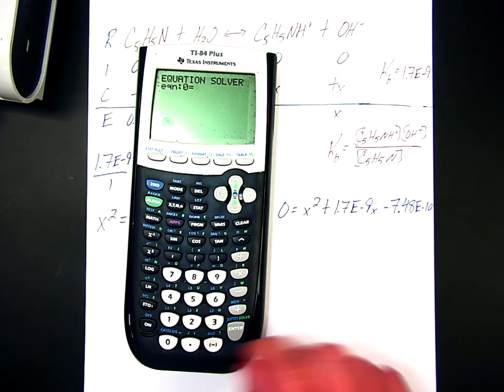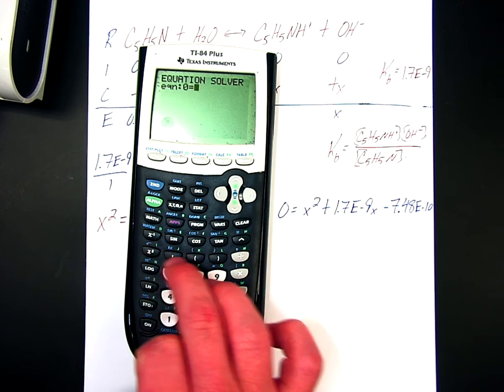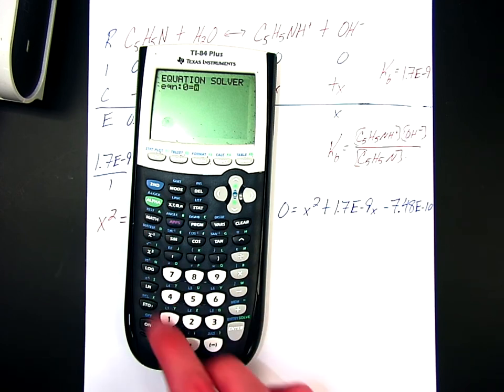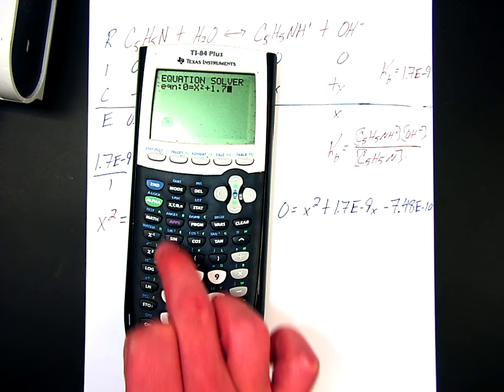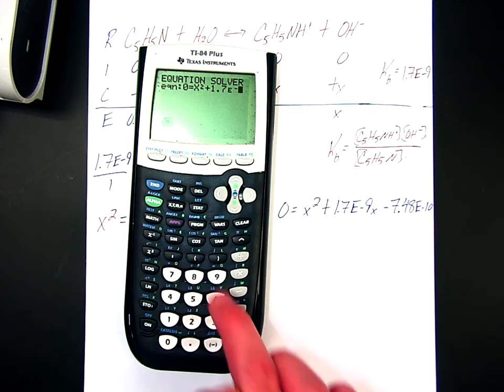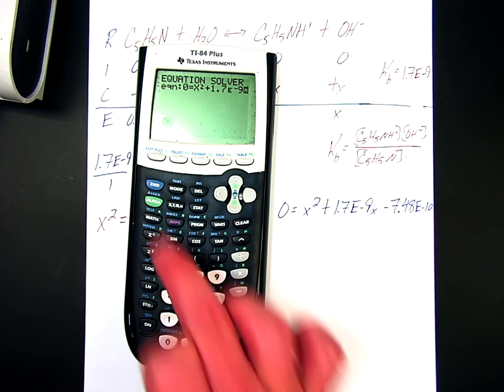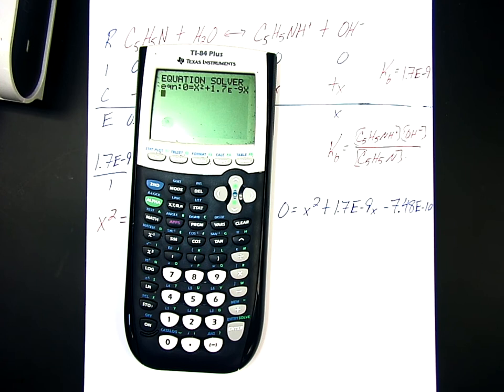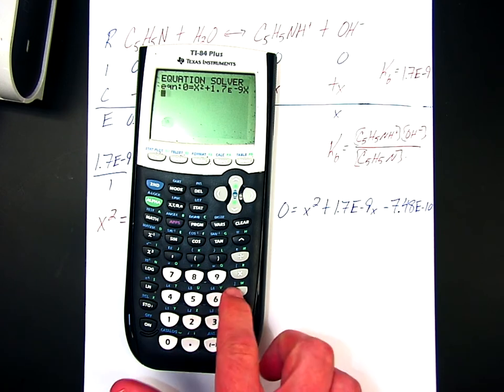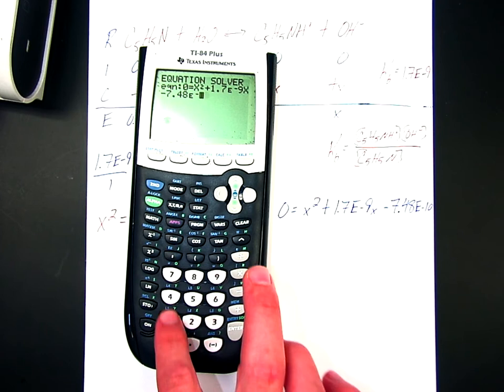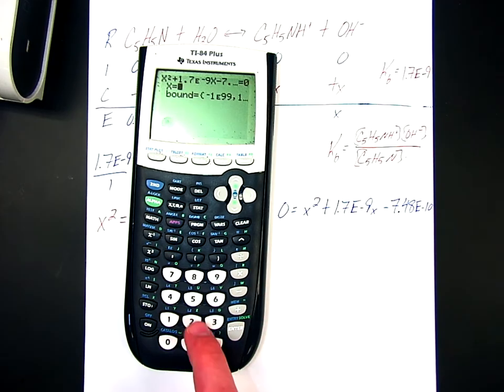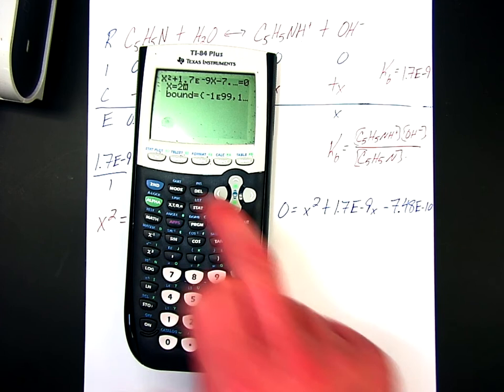And then 0 equals, so let's go alpha x squared plus 1.7 E negative 9 x minus 7.48 E negative 10. We'll put in 2 as a hypothetical guess, and then alpha solve.